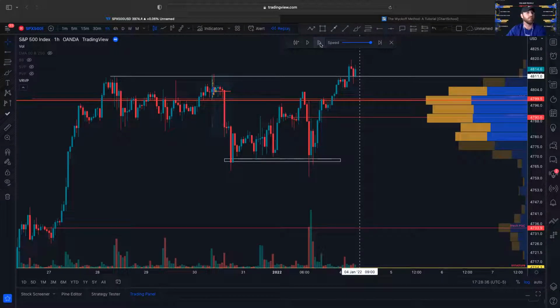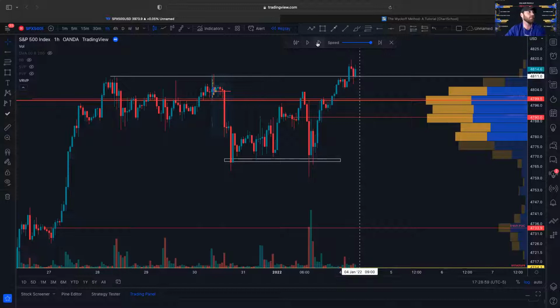But we all know what happens with the indices when they break and retest the top. They sometimes just ride up completely. But with this right here, I'm not seeing the volume signature that you should see with a move that is supposed to continue to the upside.